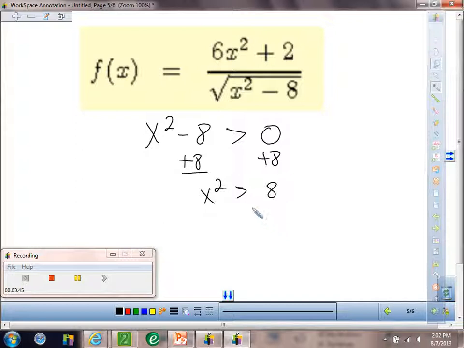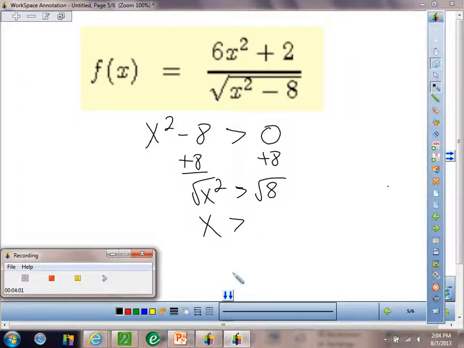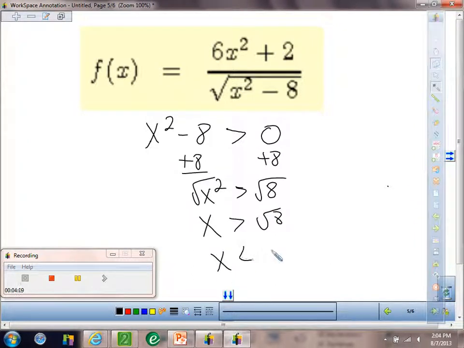Now what we would do here is take the square root of both sides. And so x has to be greater than the square root of 8, or x has to be less than negative square root of 8.